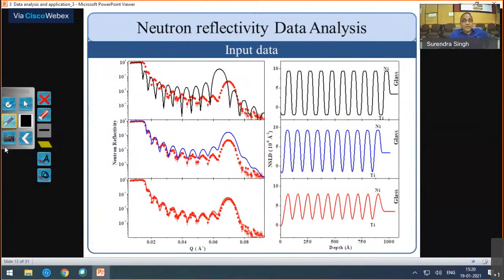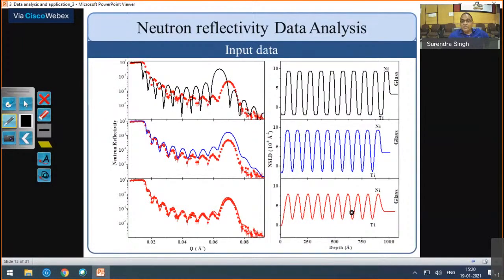So what we did initially: this was our scattering length density over here, the black one. Our corresponding reflectivity was like this, and we didn't take the resolution factor into account. But in the second case, we took the resolution factor into account, and we varied the thickness. Now you see thickness has come down. So 50-50 becomes 56-36, and then the final.